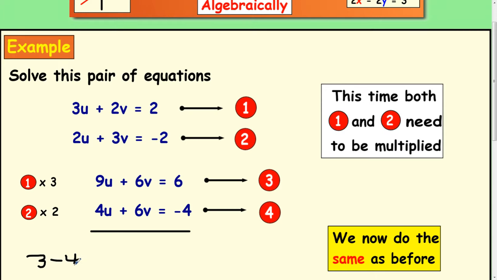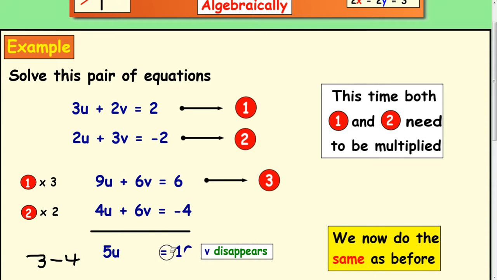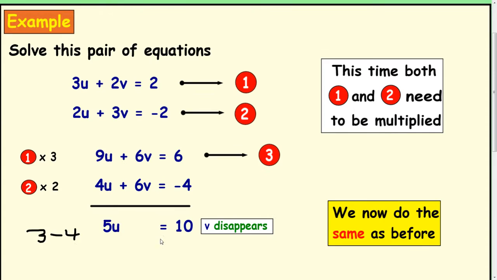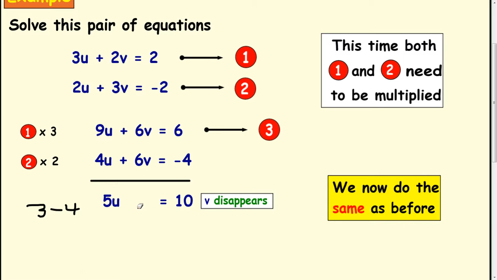I think I wrote it the other way around there, 4 take away 3 by mistake, so we'll call it 3 take away 4, because we'll do 9 take away 4 makes 5. 6v take away 6v, well, the v's disappear. And 6 take away negative 4, be careful with that, that makes 10, doesn't it? Because when you take away a negative you add. Finally, divide by 5, so u is 2.